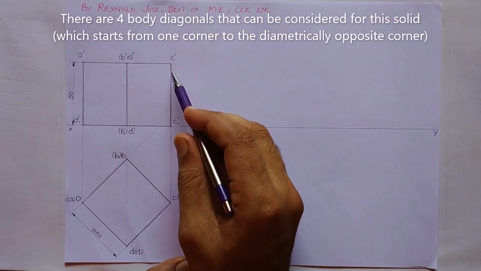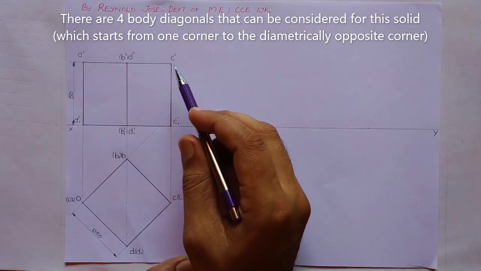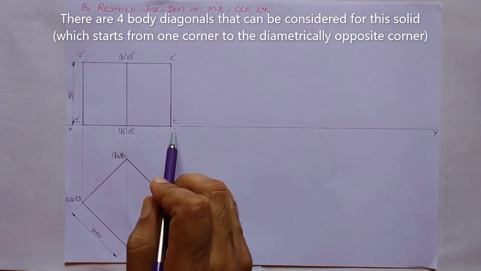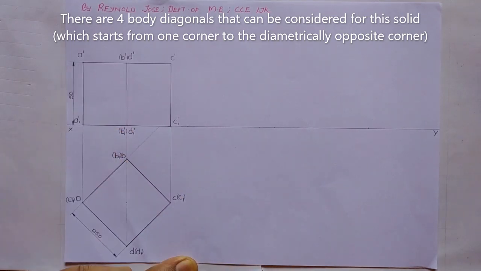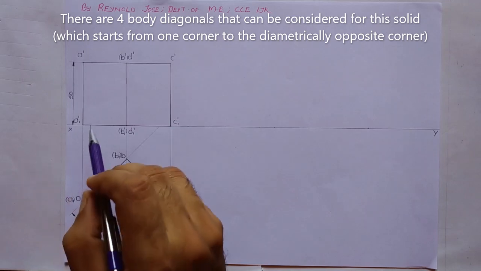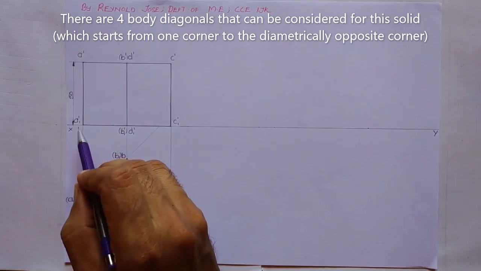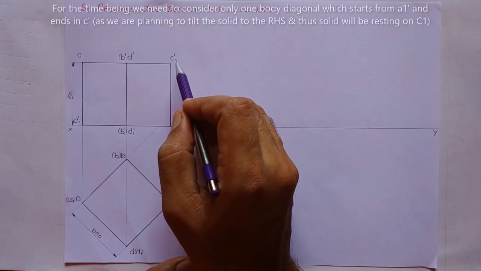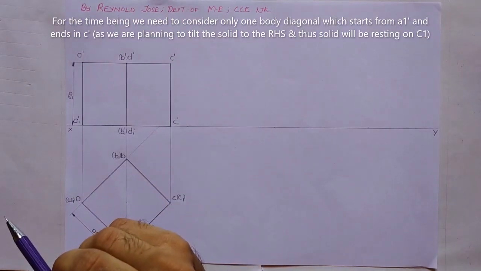This is a body diagonal which is passing through the body. Another body diagonal starts from C1 dash to A dash. So a body diagonal is a diagonal that passes through the solid from a corner on the base to the diametrically opposite corner on the top face. This is what we mean by a body diagonal.